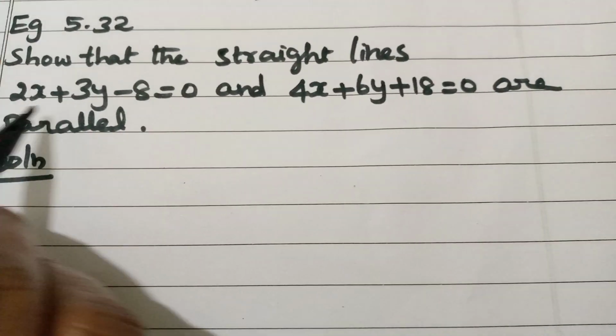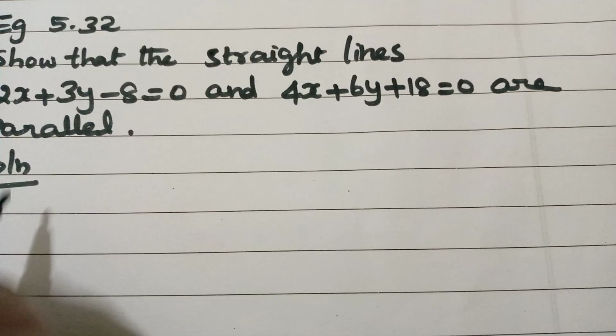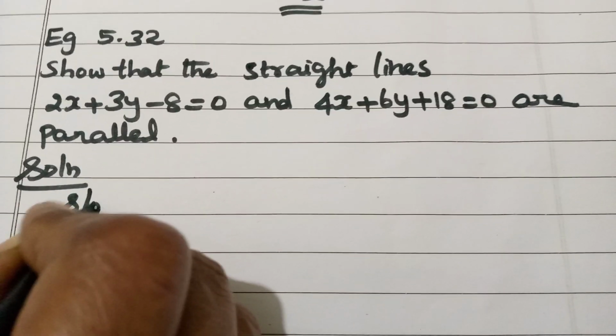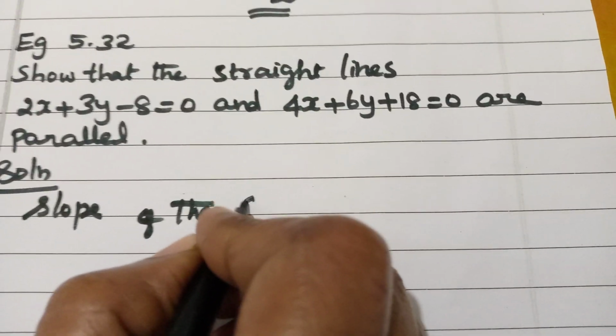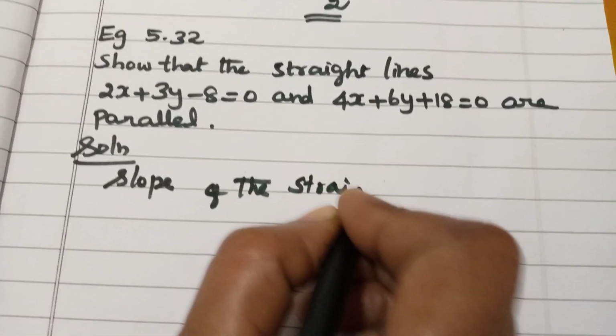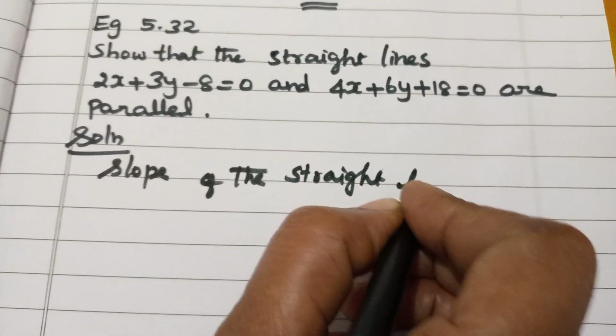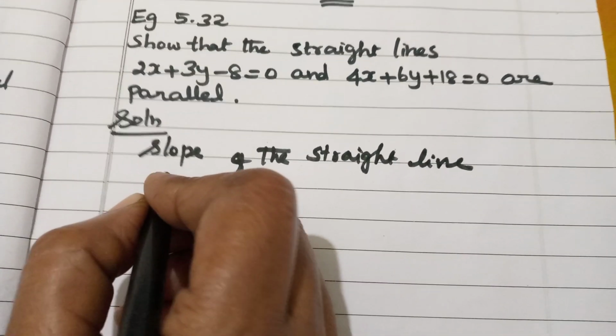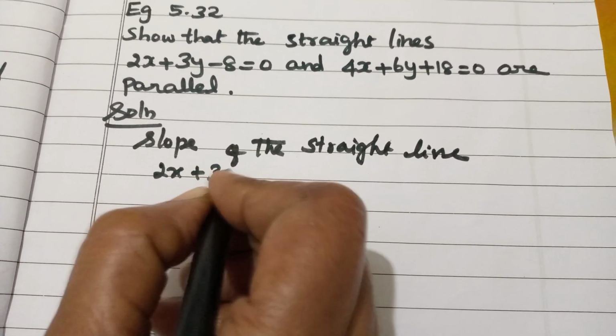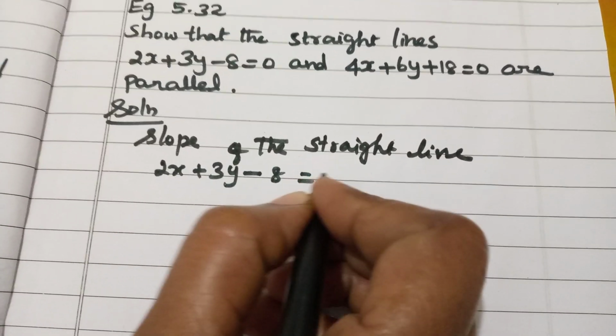First of all, the slope of the first line. The first straight line is 2x plus 3y minus 8 equal to 0.